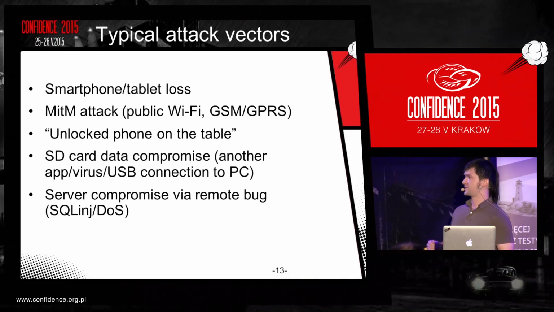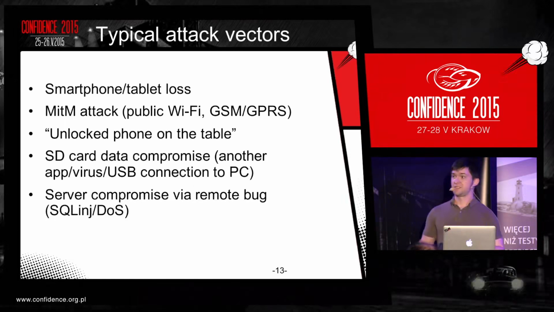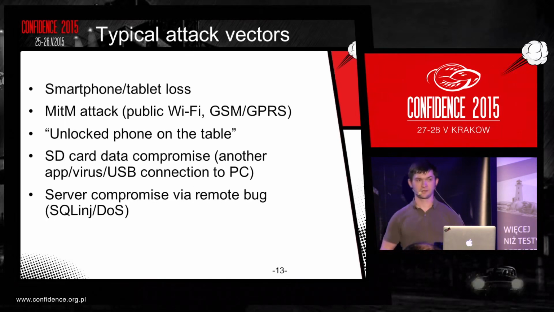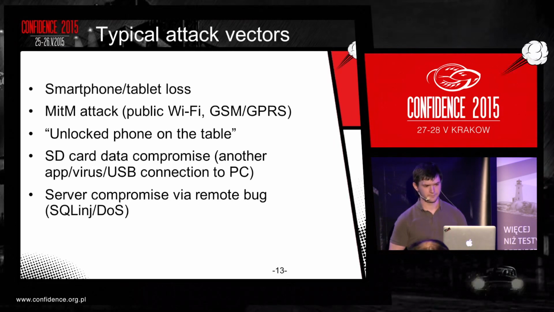Another problem is the unlocked phone on the table. It's clear that if someone sees that his phone was stolen or lost, he'd take some direct actions, for example changing his logins and passwords, or, if a SCADA application was installed, he will do it immediately.